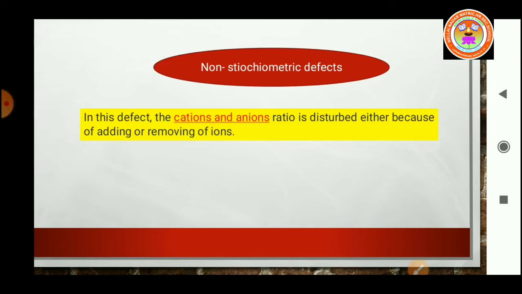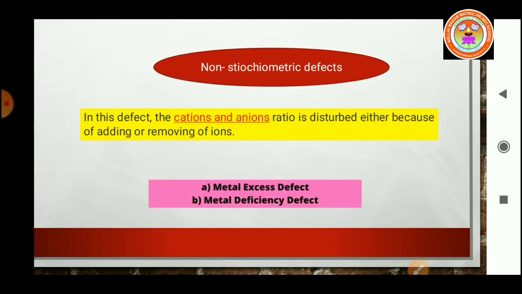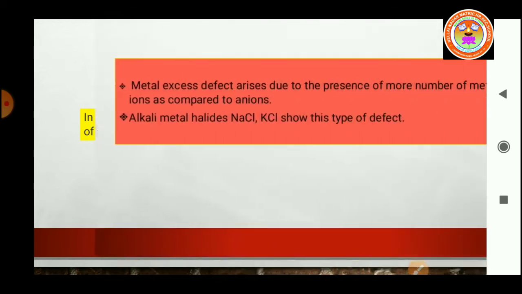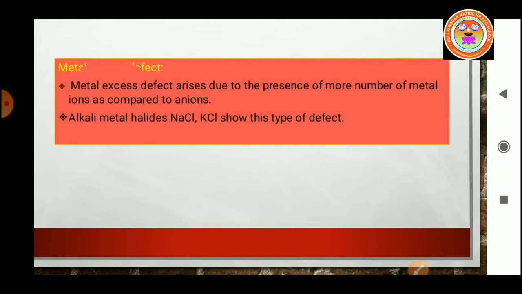So, like stoichiometric defects, non-stoichiometric defects are also classified into two types. One is metal excess defect, another one is metal deficiency defect. The first one is metal excess defect.